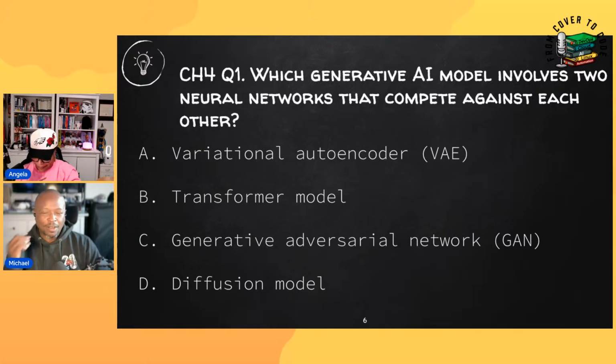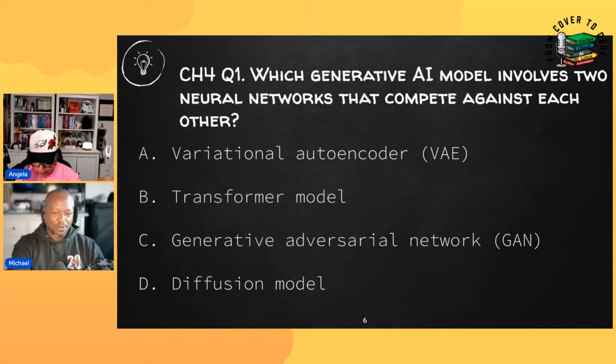So all of these models had multiple parts, and most of them had 2 parts. The transformer model had 4 parts: the encoder, the decoder, and a couple of others I forget. I just know it had 4 parts, so I would get rid of B. I forget what the 2 parts of the variational autoencoder were, but I'm going to get rid of that one.